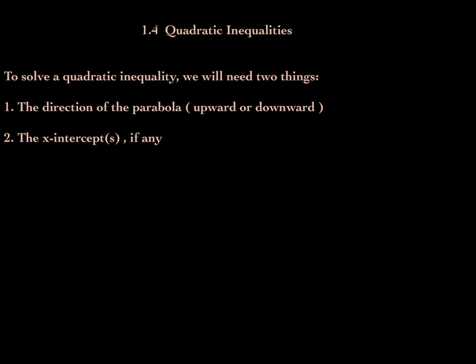Now, notice how I wrote it on the screen. I put the x-intercept or the x-intercepts, if any. I want to remind us that the graph of a parabola does not have to touch the x-axis at all. If a parabola does not touch the x-axis at all, you don't have any x-intercepts.